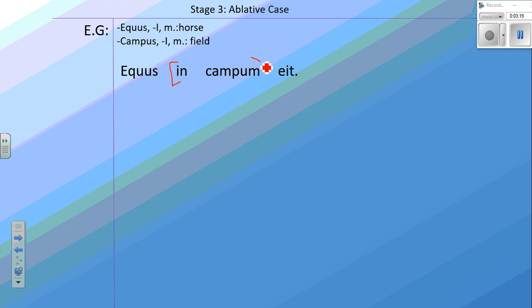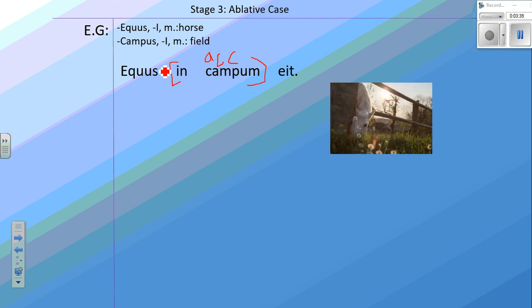It's the preposition plus the noun that comes after it. And my noun here, that's part of my prepositional phrase, is in the accusative case, right? ACC. And it means goes. So this sentence means the horse goes into, because of the accusative, the field. So here is a horse looking into a field, right?